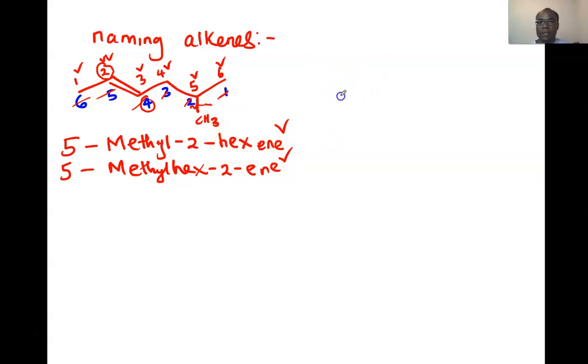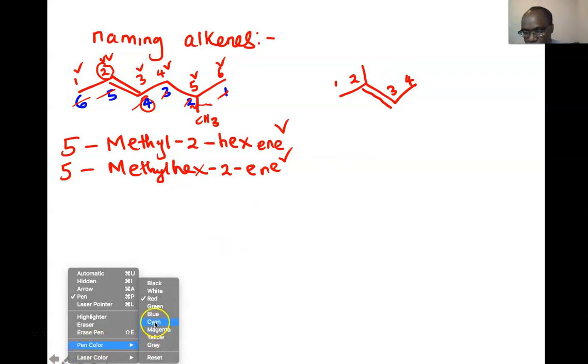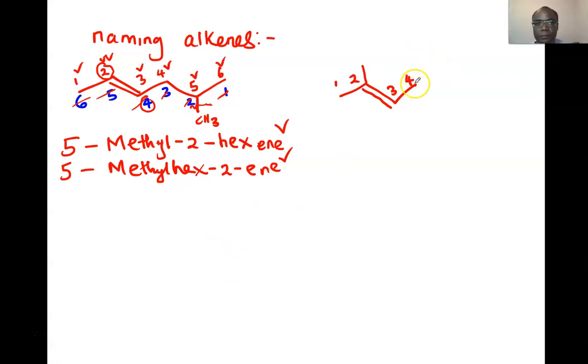Alright, so how about this one? I would number it as 1, 2, 3, 4 in red, or I'll number it as 1, 2, 3, 4 in blue. Now there's a problem here because you realize in blue you have a 2 as the least number of the first carbon of the pi bond.